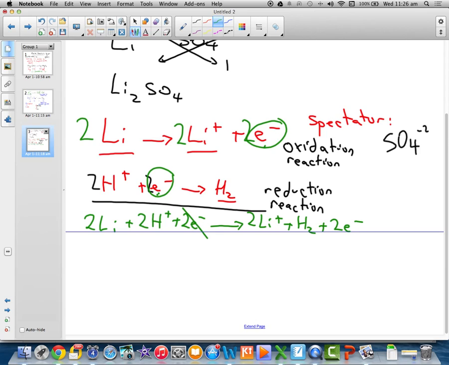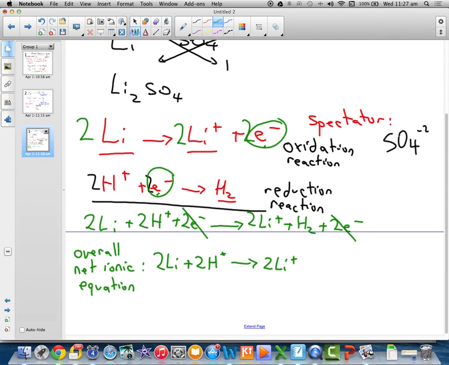So 2 electrons there, 2 electrons there, they cancel out. So my overall net ionic equation is this. 2 lithium atoms plus 2 hydrogen ions produces 2 lithium ions plus hydrogen gas.